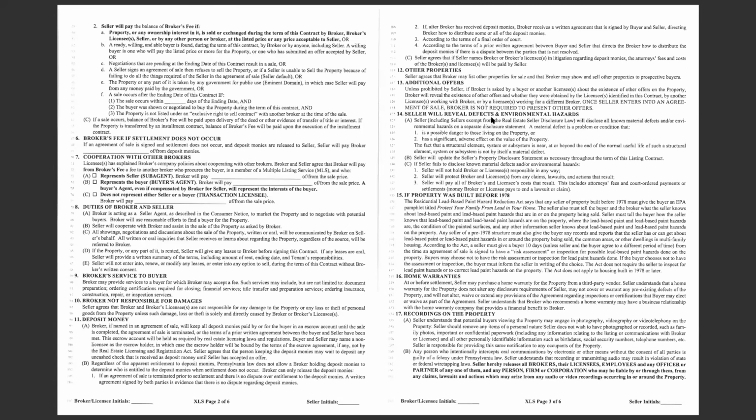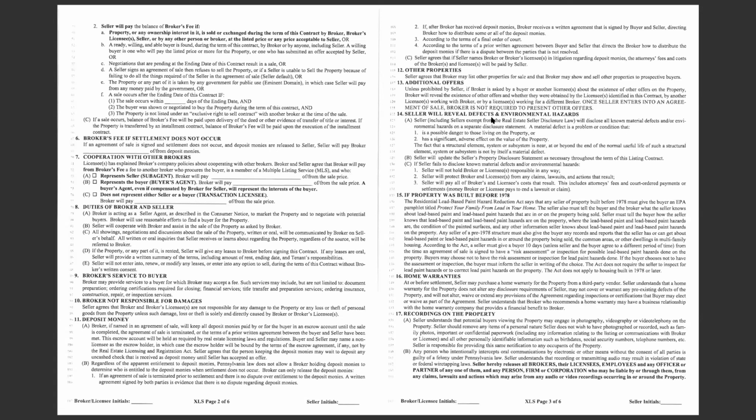Seller will pay the balance, broker's fee, if property or any ownership interest in it is sold or exchanged during the term of the contract by the broker, broker's licensee, seller. Even if the seller finds the buyer, we as a brokerage receive a commission, or by any other person or broker, at the list price or any price acceptable to the seller, or a ready, willing, and able buyer is found during the term of the contract by broker or by anyone, including the seller.